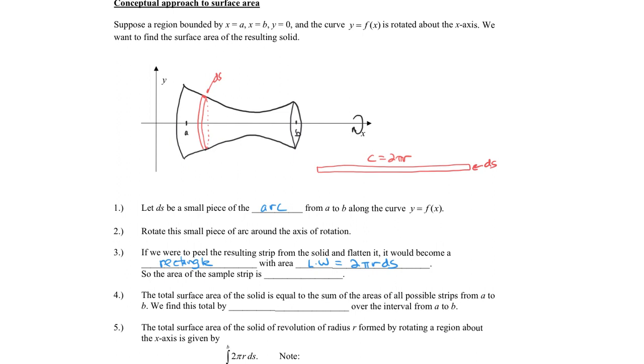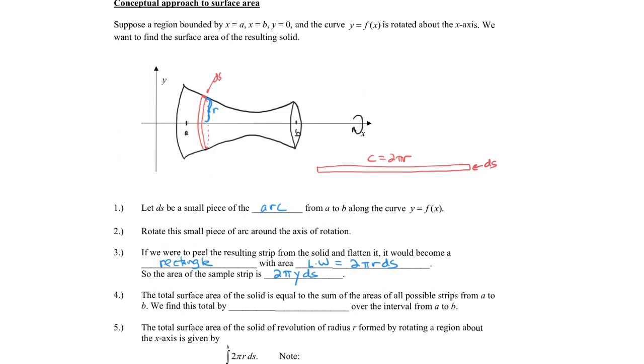When we're spinning about the x-axis, that radius is y. So the area of the sample strip is going to be 2 pi y ds.